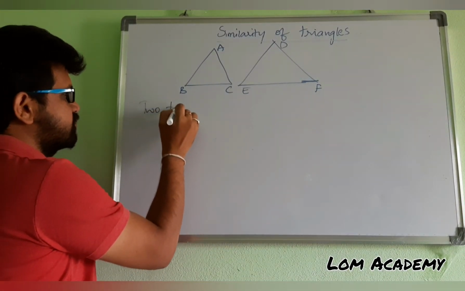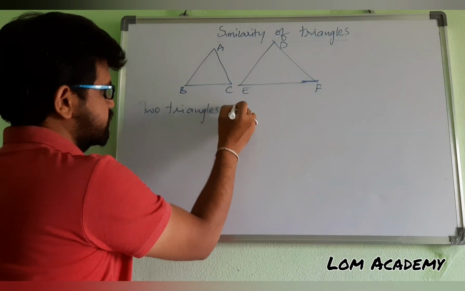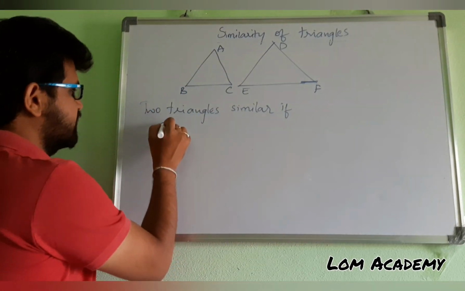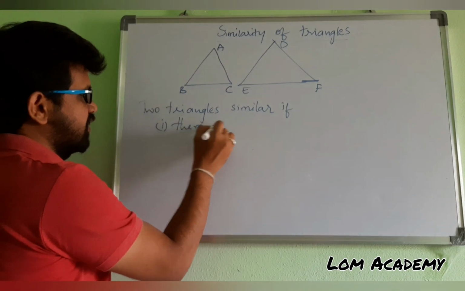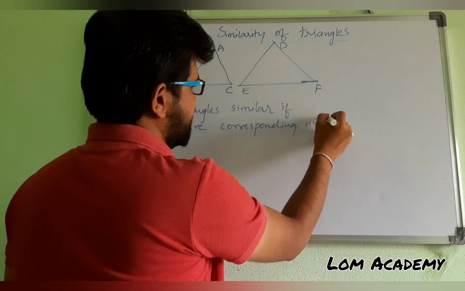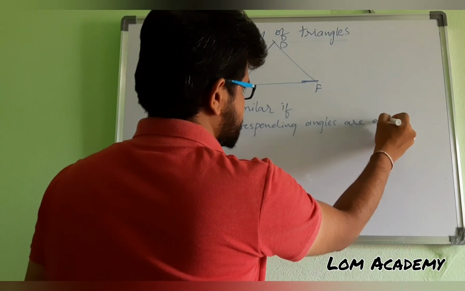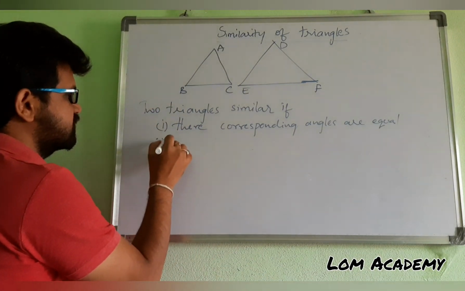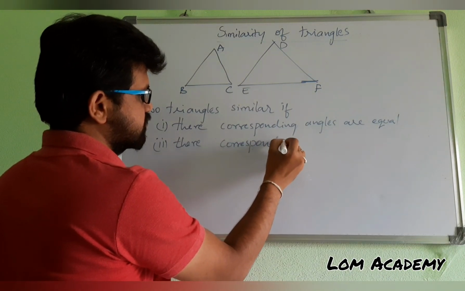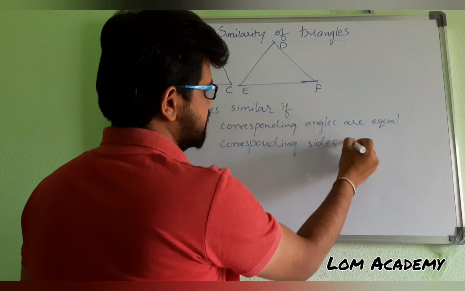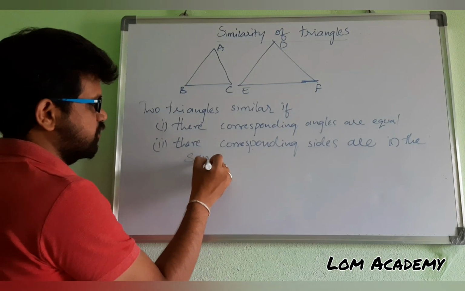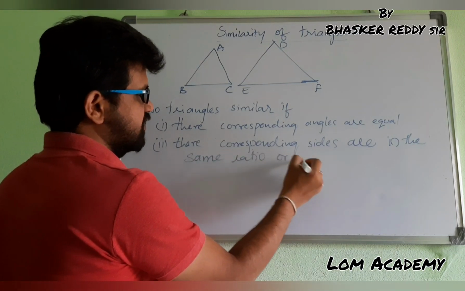Two triangles are similar if, first condition, their corresponding angles are equal, and second, their corresponding sides are in the same ratio, or we can say proportional.